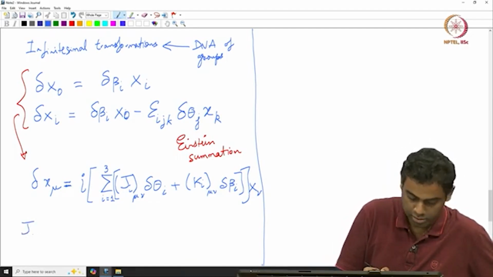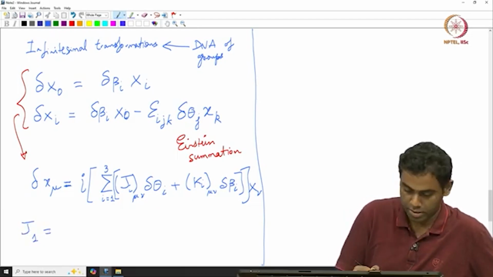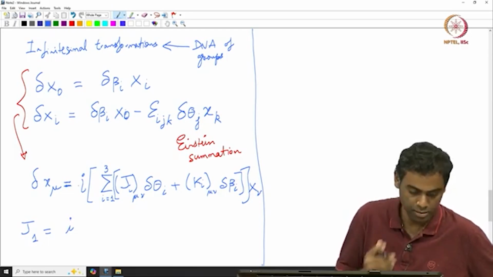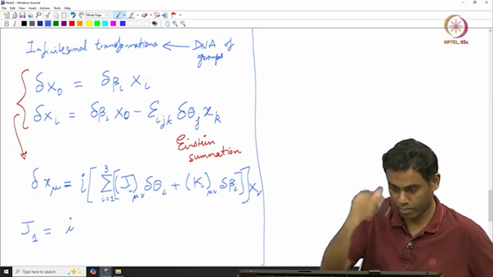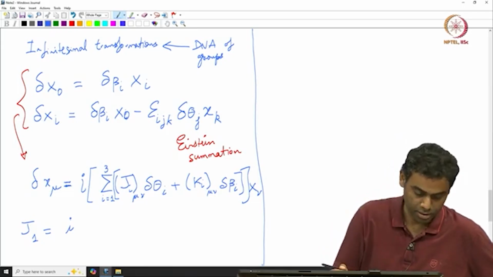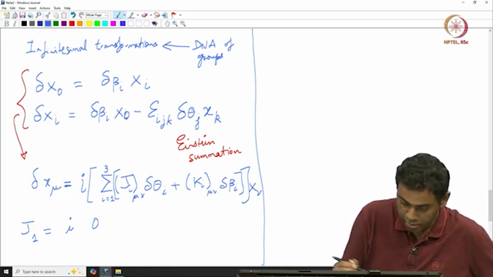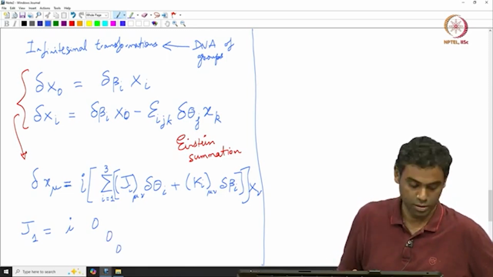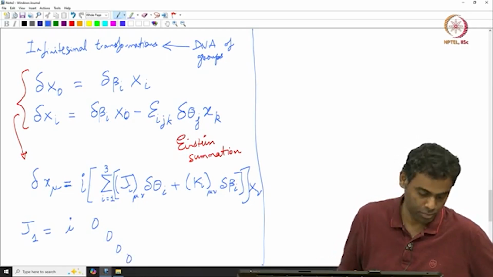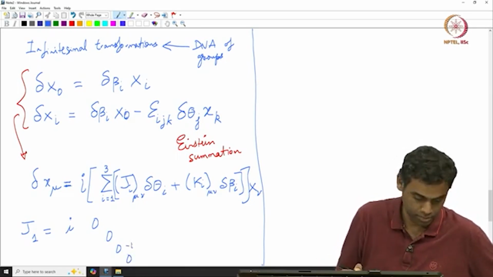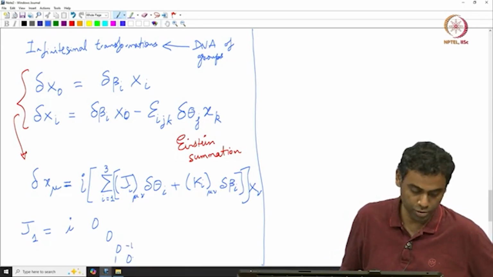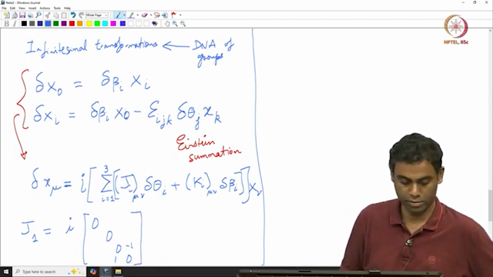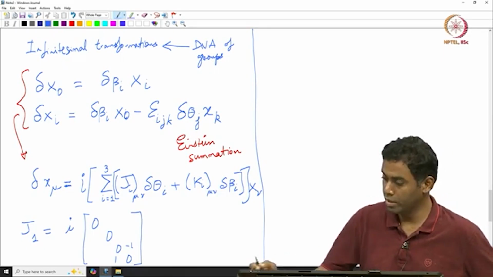The j i's, let me just write a j1 first. The j1 is nothing but, there is another I now thankfully, because this I and this I will cancel and you get a real number like you have up here. How does the j1 look? The diagonal entries are all 0 and I have this, agreed?